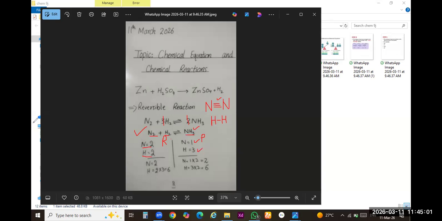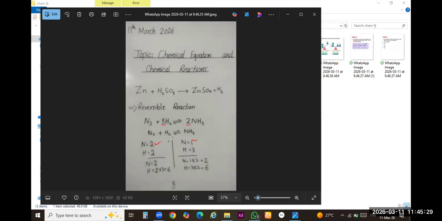Right? Now, we have to balance the chemical equation by the addition of these coefficients. Okay? So, first of all, tell me which one is balanced. There is no element which is balanced. Nitrogen number is 2 over there and 1 over there.